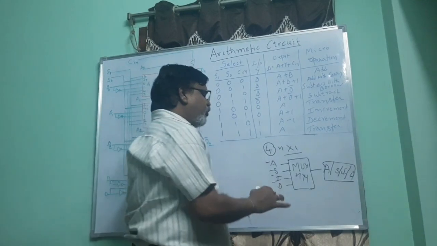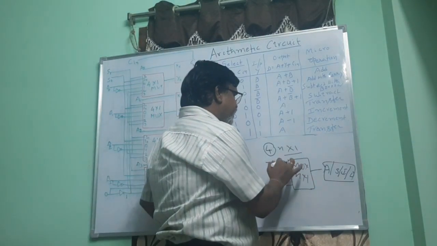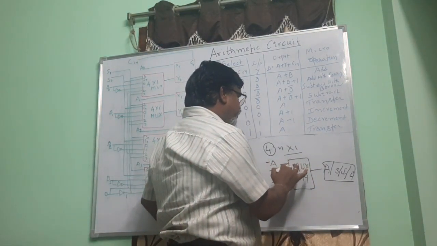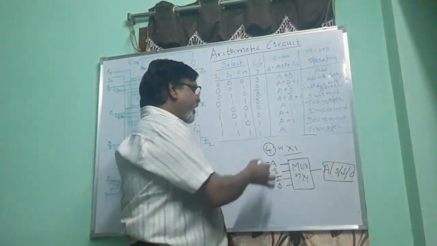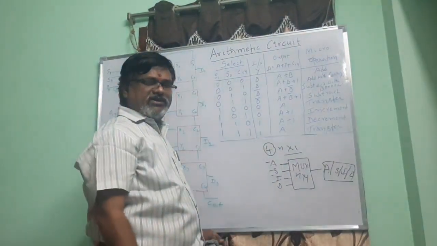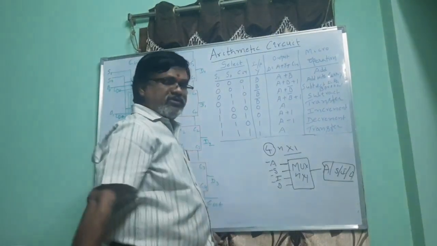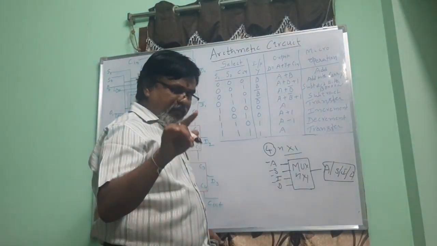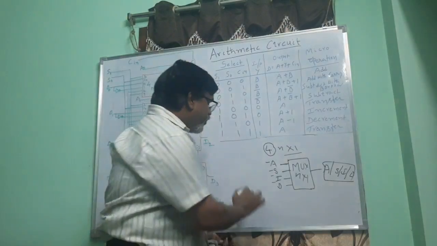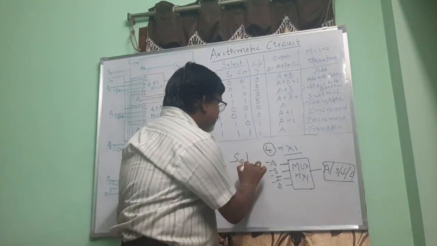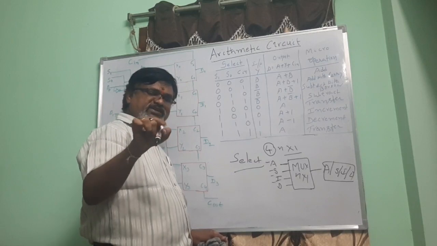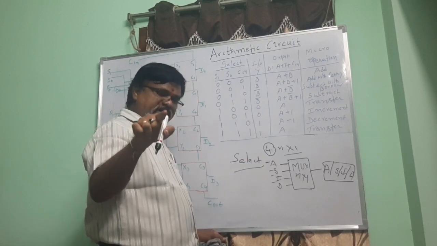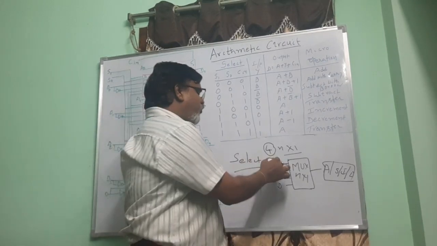So here, if we want to select any of these 4 operations, any of these 4 inputs, I am repeating again, if we want to select, why I am stressing select, you can understand by this time, I think.